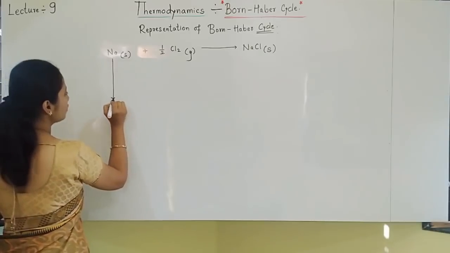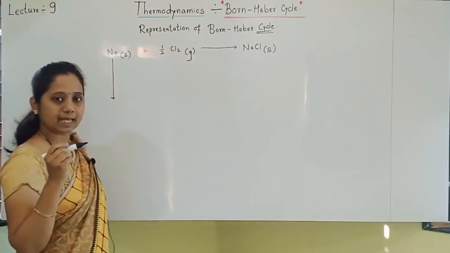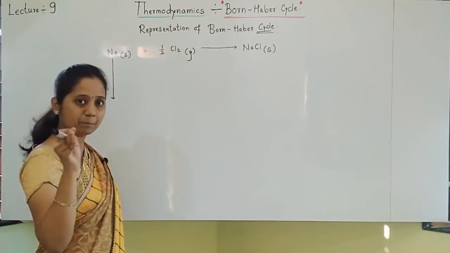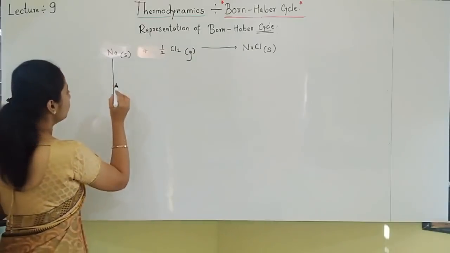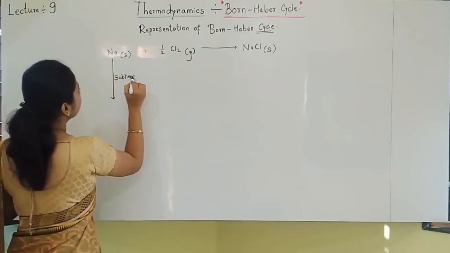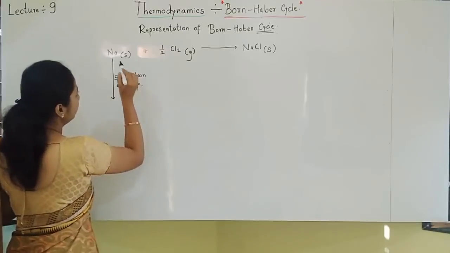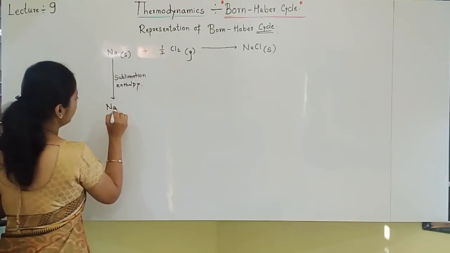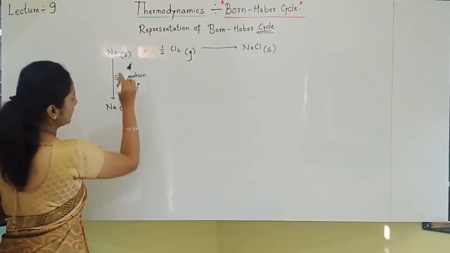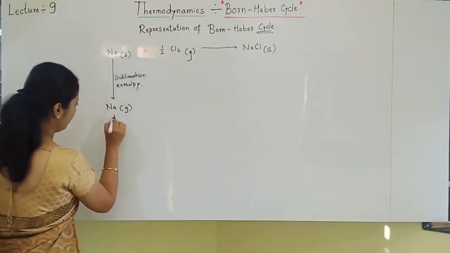See now. Any solid is first done what? We know that first sodium solid is converted into sodium gas, because in gaseous state only we can separate the atom. So sublimation. It is sublimation enthalpy, and by that sodium is converted to sodium gas. Solid to direct gas, so the process is called sublimation.